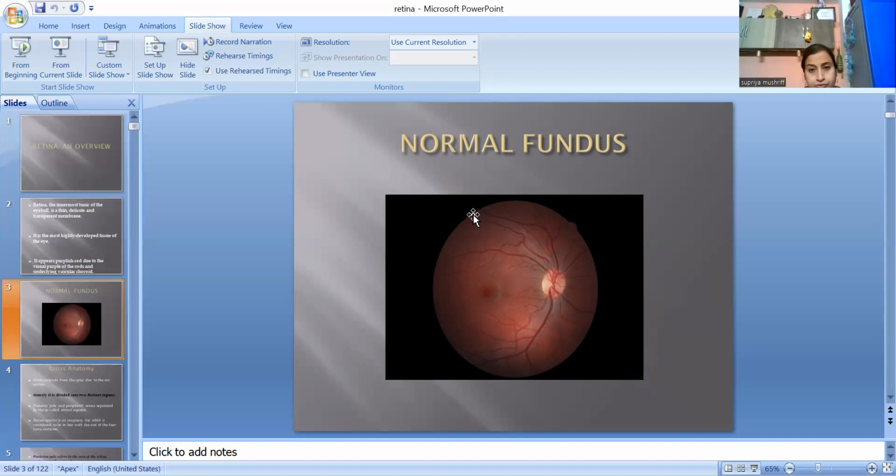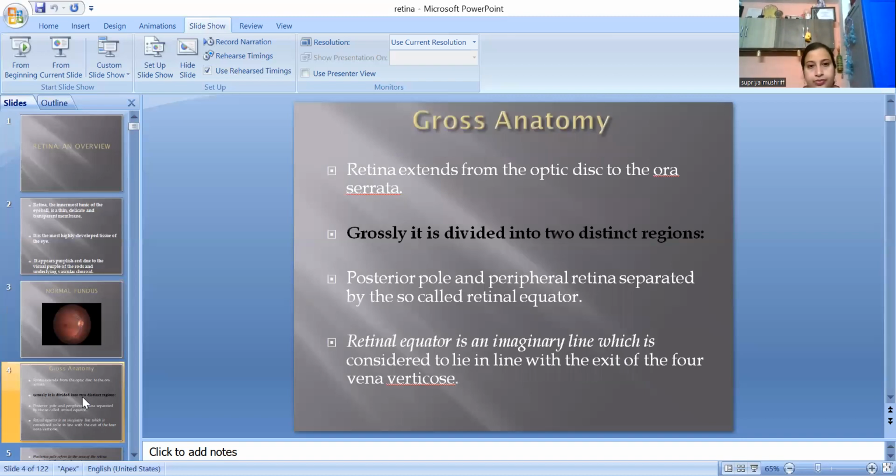Posterior to it is the posterior fundus, and anterior to it is the peripheral retina. The posterior pole of retina comprises the optic disc and macula lutea, and peripheral to the equator is the peripheral retina.